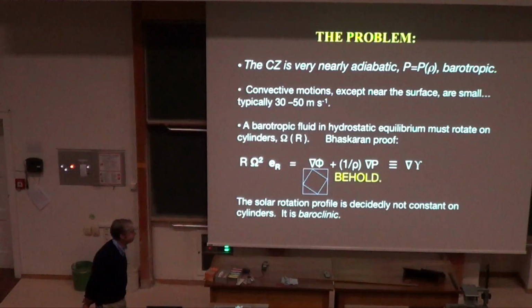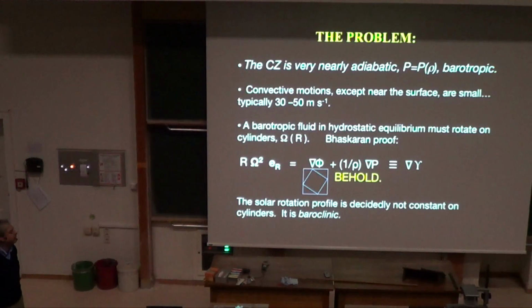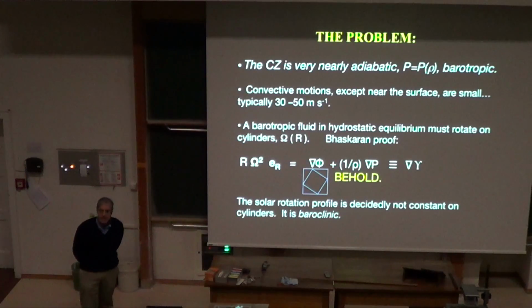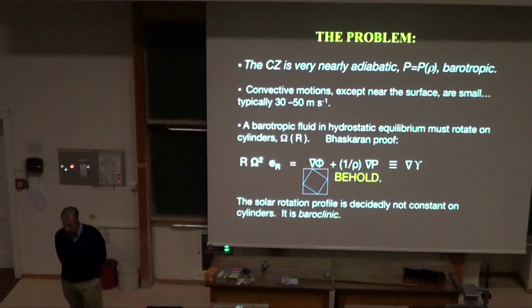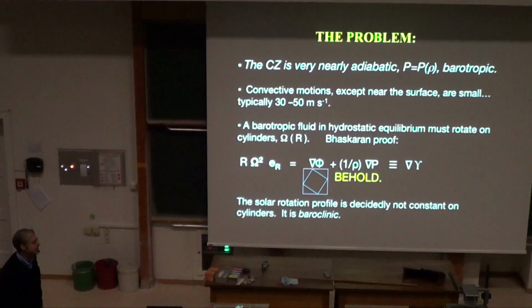So here's the problem. The convective zone is very nearly adiabatic because that's what convection does. Convection mixes entropy extremely well. So in the region where entropy is mixed, it's really a constant. That being so, P would be a function of rho only.